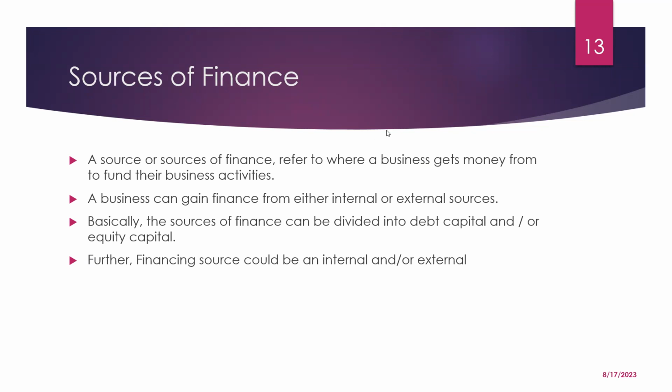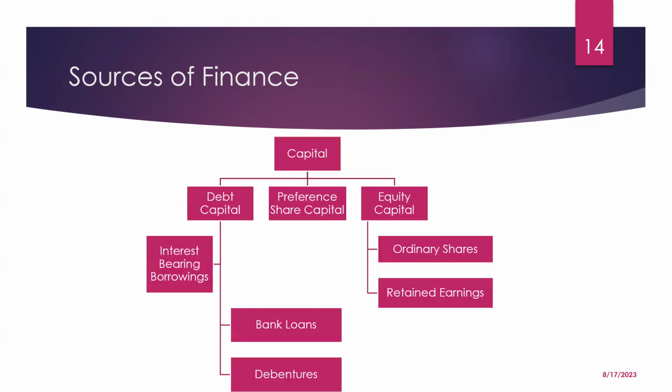Then source of finance is the way that we are getting money. So those types of financing can be known as debt capital or equity capital, and those can be external and internal as well, right?